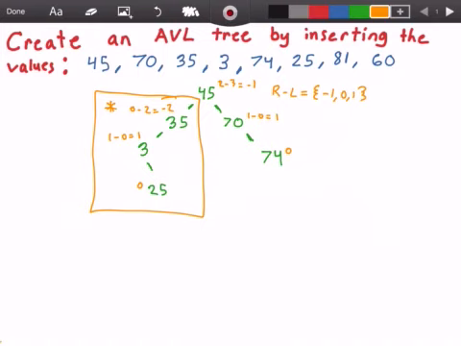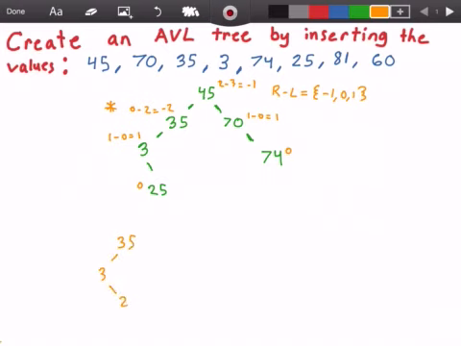So let's rewrite, well, first let me get rid of that box I just created, and let's rewrite that subtree. So we get 35, 3, 25. Okay, so let's do a left rotation. So we get 35, 25, and then 3.